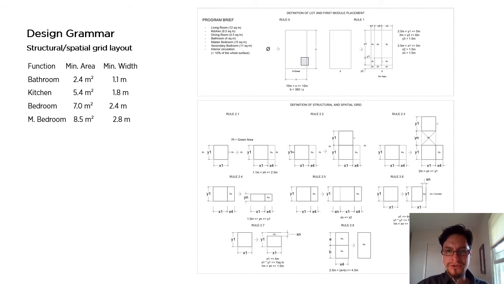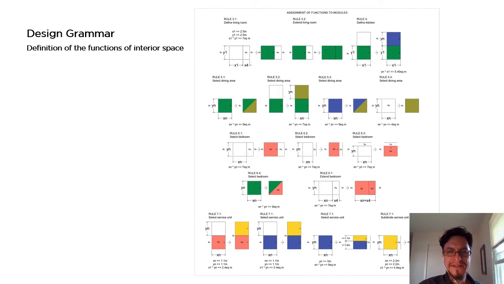The rules at the top address the placement of the first room in the property, and the rules at the bottom deal with the extension, modification, and adjustment of the grid. The next stage defines the functions of each interior space of the house. We have living rooms, dining areas, bedrooms, and service areas.